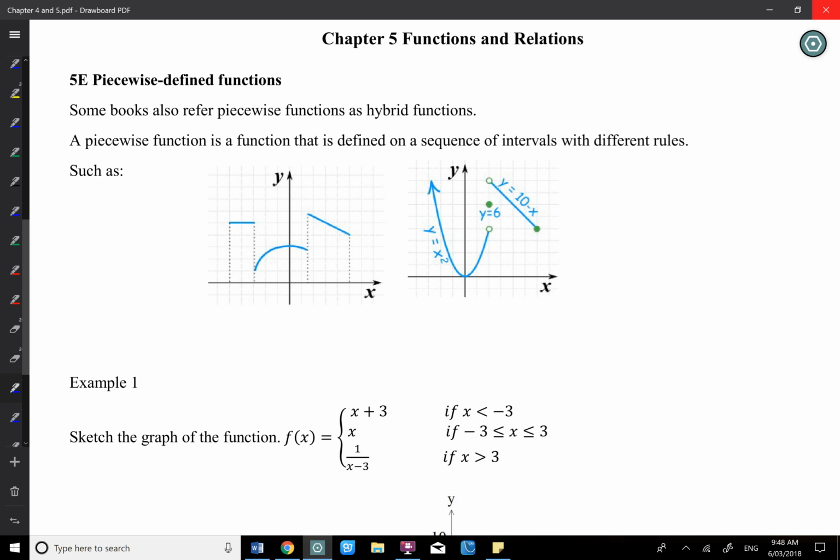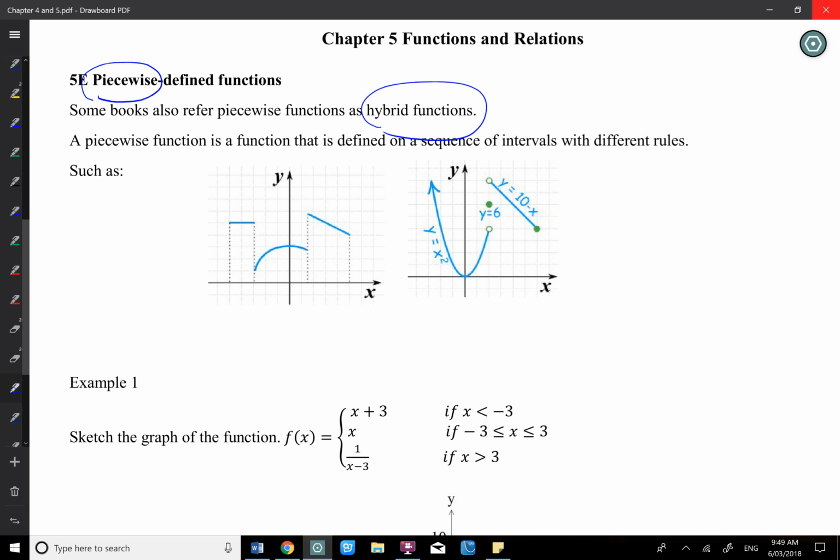So this is called a piecewise function, or it can be called a hybrid function. Which means from negative infinity to positive infinity, you don't use one rule to represent the graph. Well, you use more than one rule, like 2 or more rules, to give this graph.